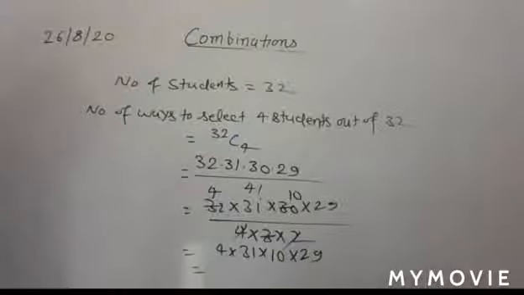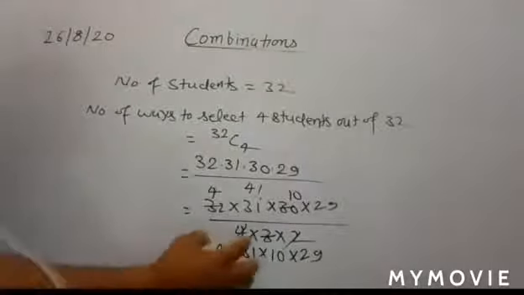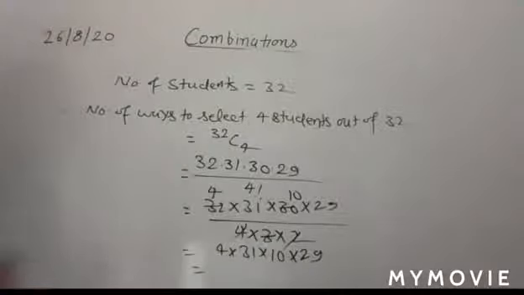And listen, one thing also: sometimes the value obtained is very lengthy. In that case, in your examination, there is no need to simplify it to the simplest form. You can leave the result up to this step also. Understand?